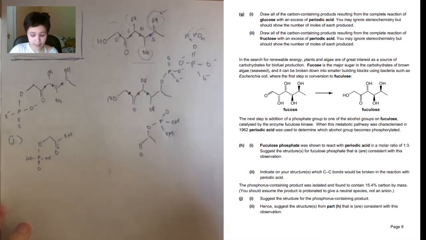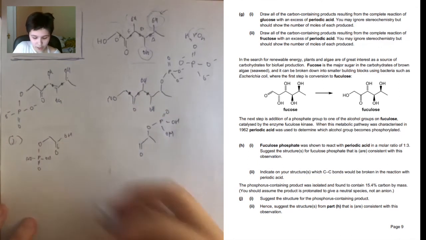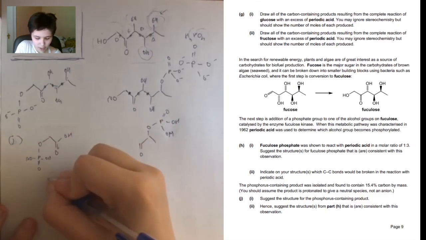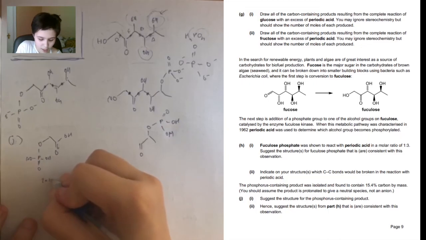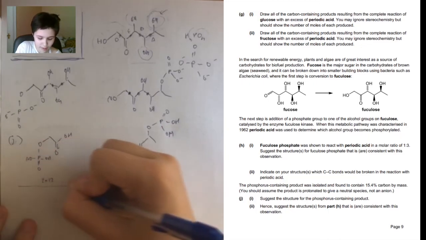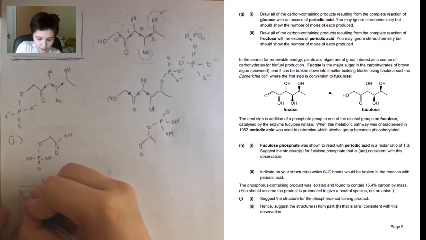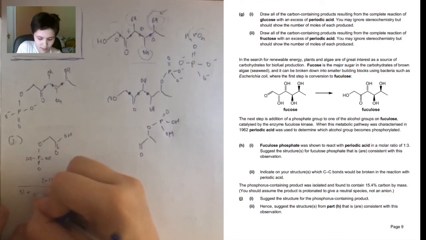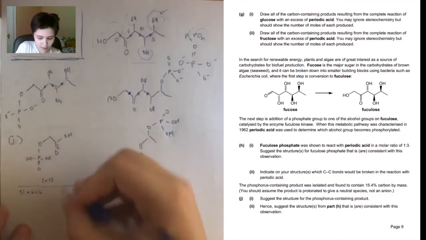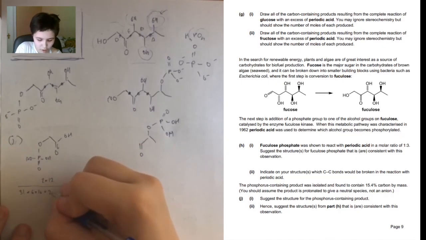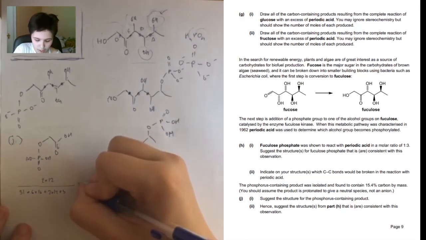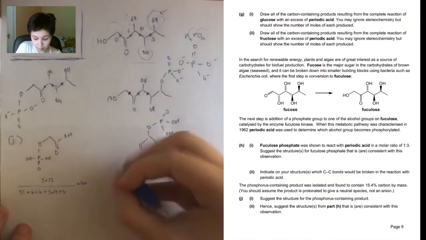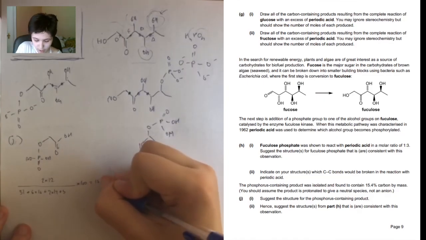Looking at masses, to determine which one it could be, here we have the percentage of carbon by mass is going to be 2 times 12, which is the total mass of carbon, divided by 31, the mass of phosphorus, plus 6 times 16, the mass of the oxygens, plus 2 times 12, plus 5, that's the mass of the hydrogens, times 100, because it's a percentage, which gives me 15.4.